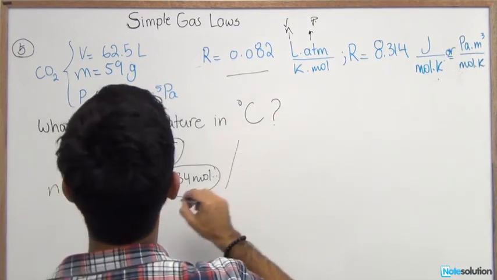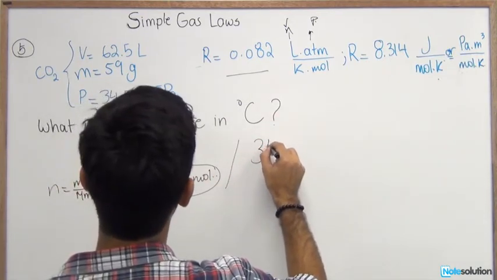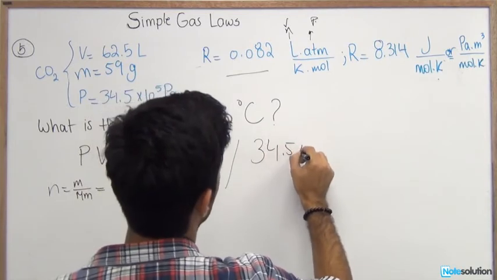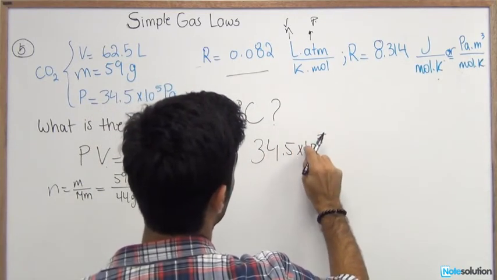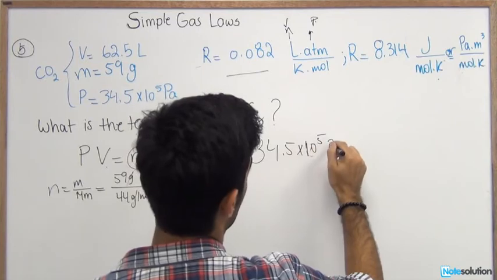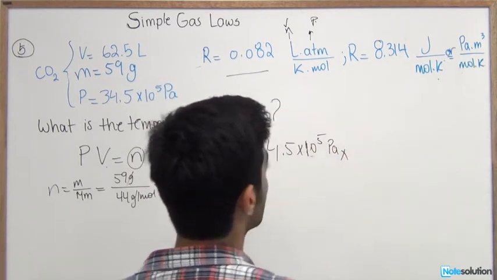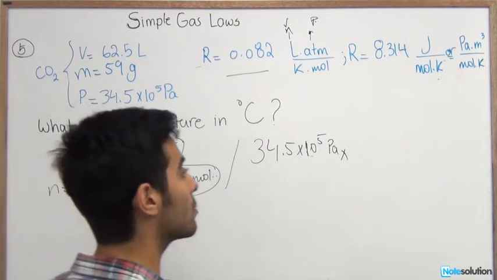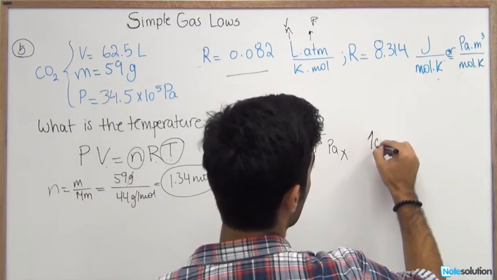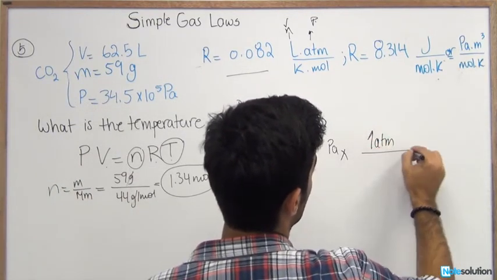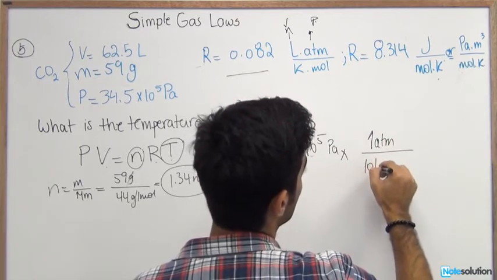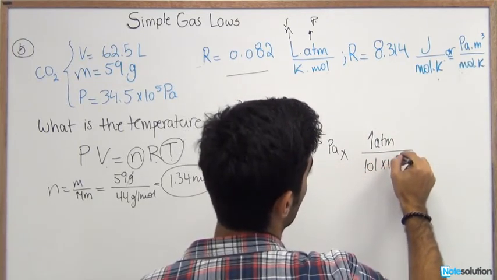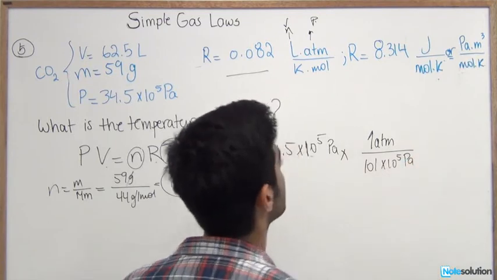So now we have 34.15 times 10 to the power 5 Pascal. In order to convert to atmosphere, we need to find the relationship between Pascal and atmosphere. And the relationship goes by this: 1 atmosphere is equal to 101 times 10 to the power 5 Pascal.